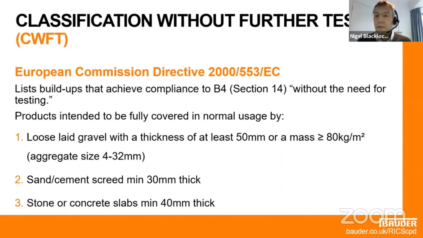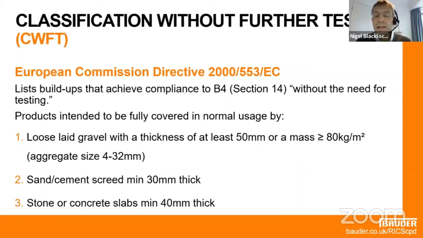To avoid the hundreds, if not thousands, of permutations of fire tests that are necessary for the manufacturers, we can't possibly do them all. There are a few that we don't need to do because there has been a European Commission decision on a number of build-ups. And the classic area is where you have ballasted roofs, whether they're warm roof or inverted.